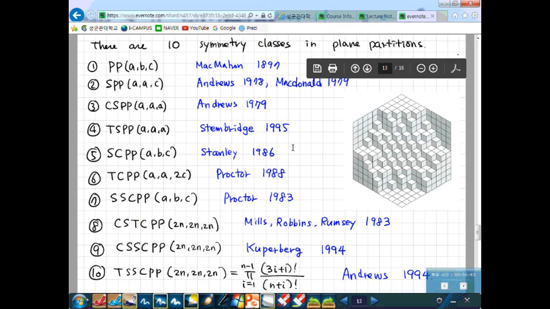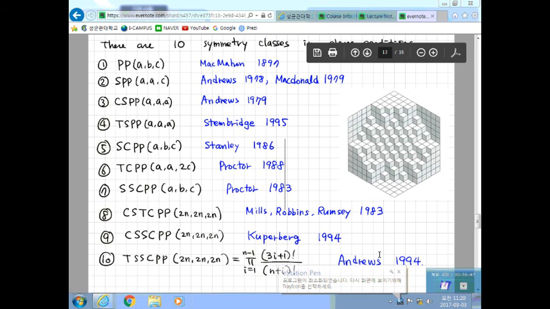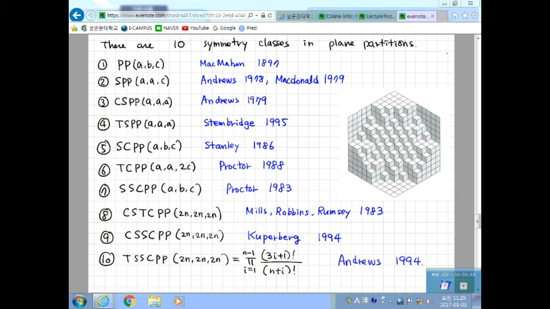There are 10 different symmetries like this. So here, plane partitions with no restriction, symmetric, cyclically symmetric, totally symmetric. We have seen these 4 already.